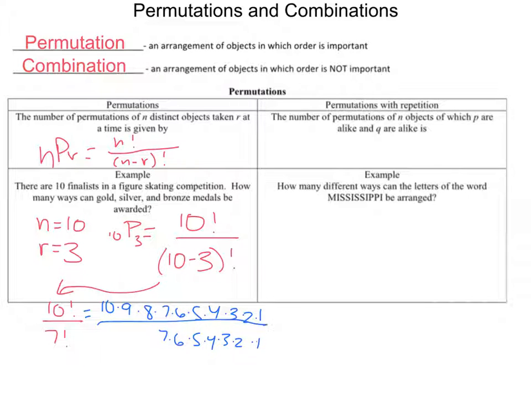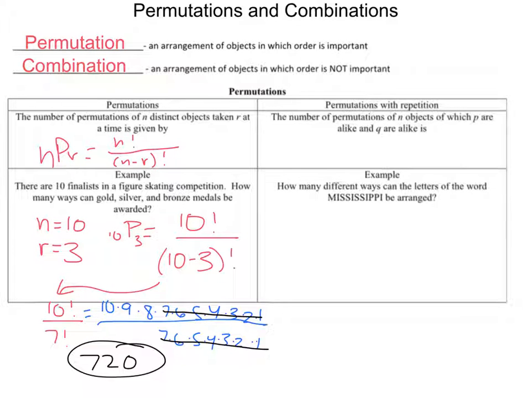Now we can reduce. 7 through 1 cancel on both ends. So we have 10 times 9 times 8, which gives us 720 for our final answer. So the gold, silver, and bronze medals can be awarded in 720 different ways.